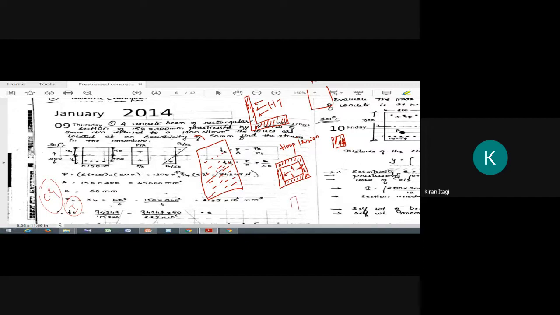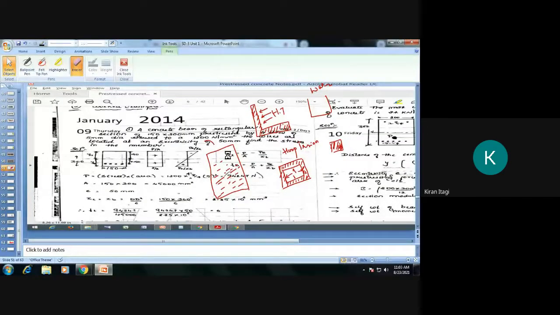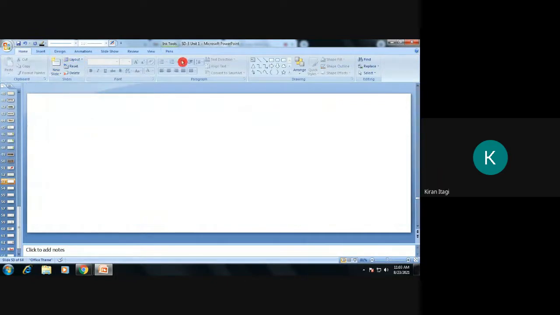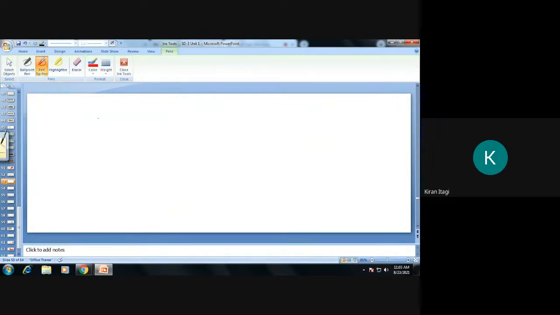For example, if you take this rectangle, this is B, this is D. This is your rectangular beam, this is your width, and this is your depth.